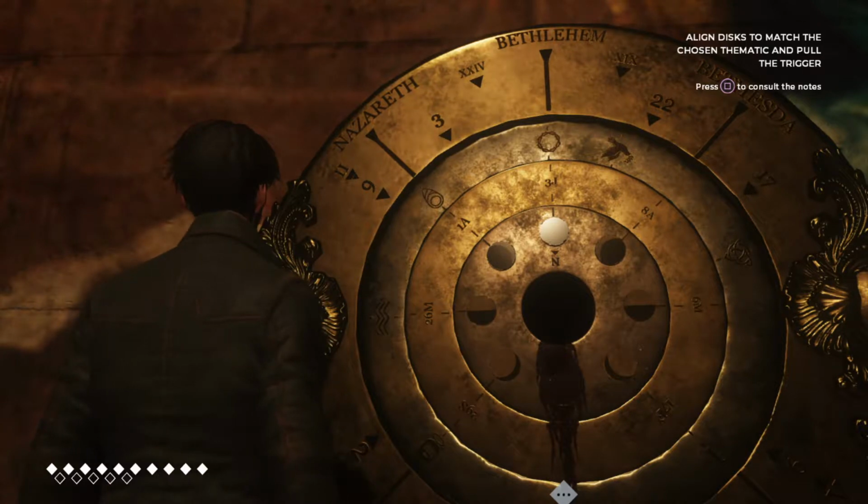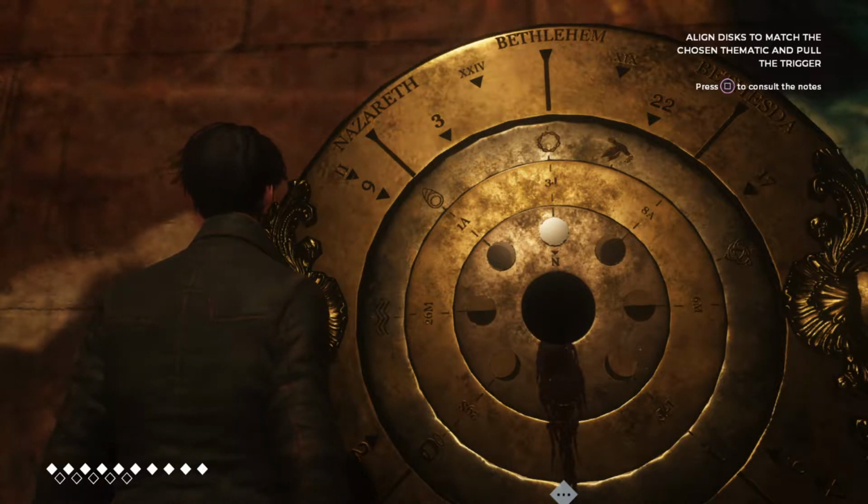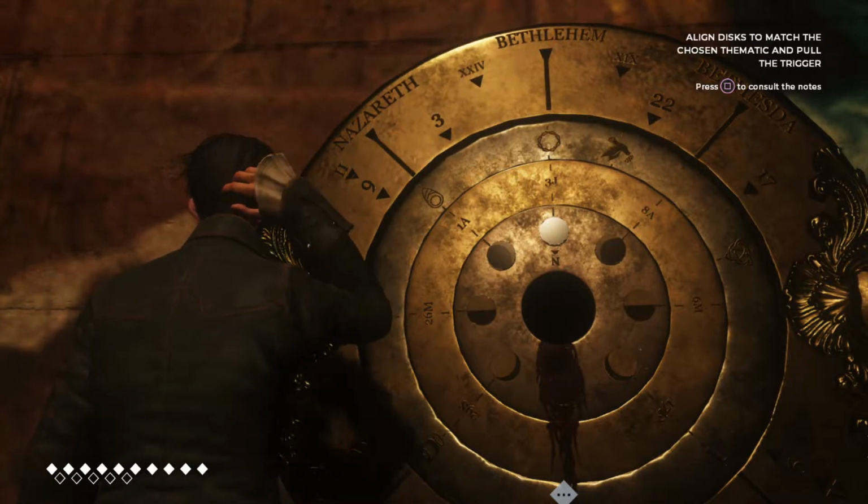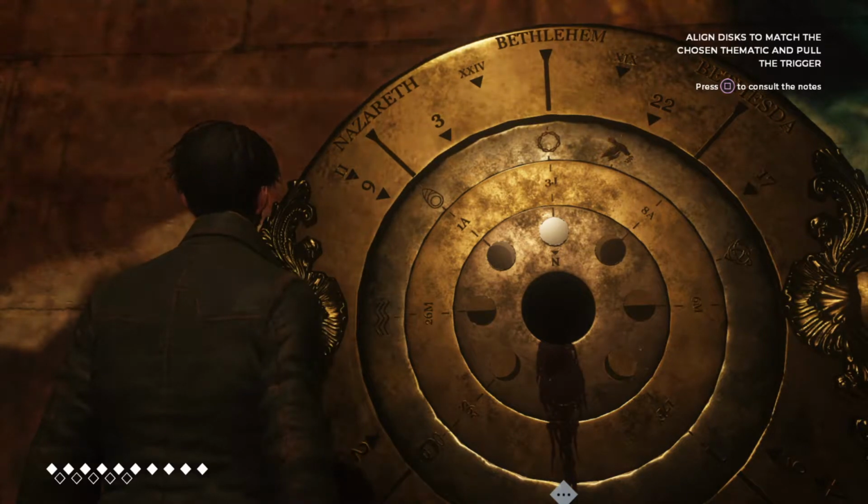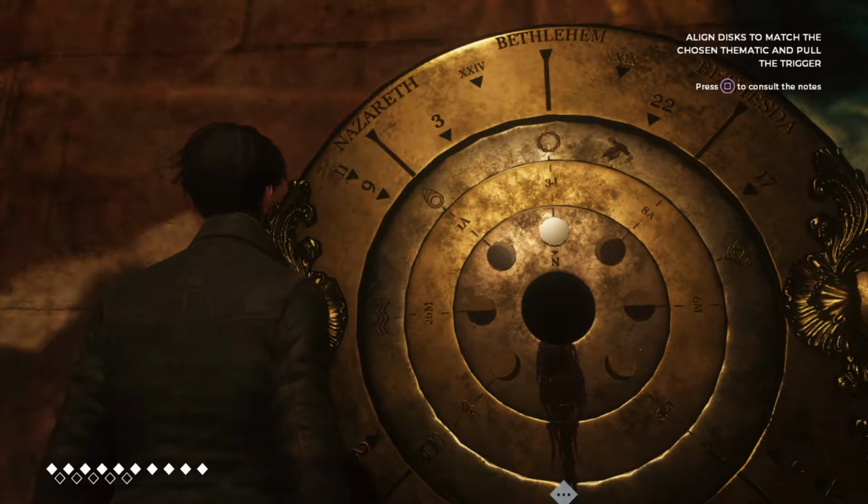So 1A, 3G, okay. 3G, 8A, just so I can compare them. 6M. What the hell does that say? 16, 26M. Oh, my brain's losing it now.